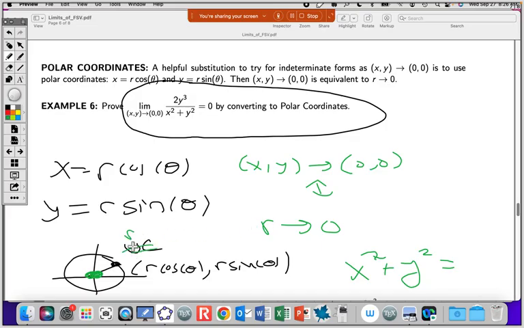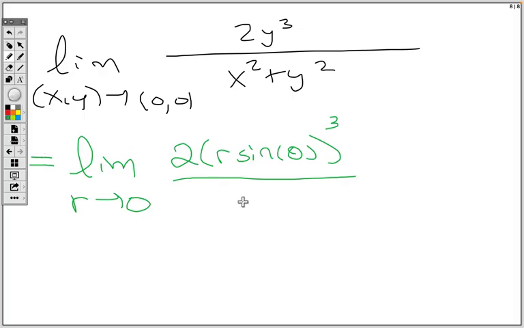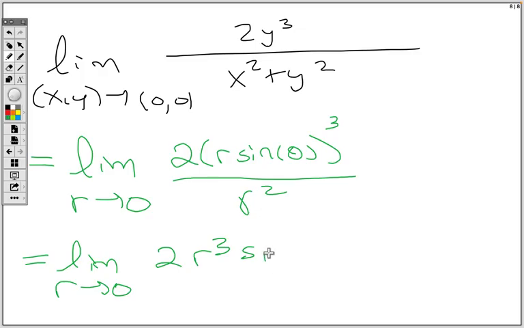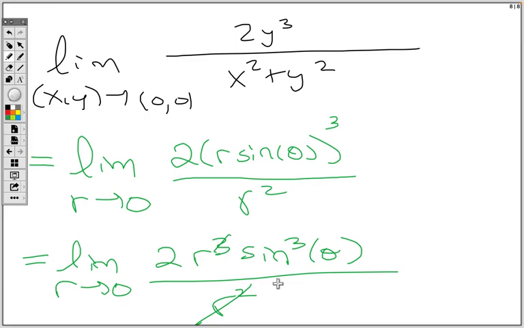That's just going to be r squared. Now, if you remembered that, great. If not, you could go through the Pythagorean magic. But the point is, you can kind of see how this limit cleans up for us, because the factor that's causing the 0 in the denominator is going to completely cancel out.